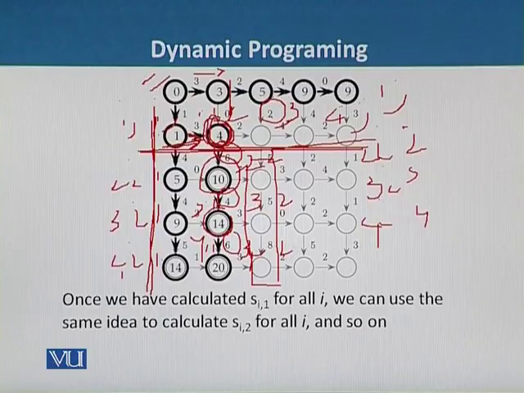Similarly we can add the value of these grids into the next one, and we can calculate all the values of the grid, and we will calculate all the values of i and j by using dynamic programming.